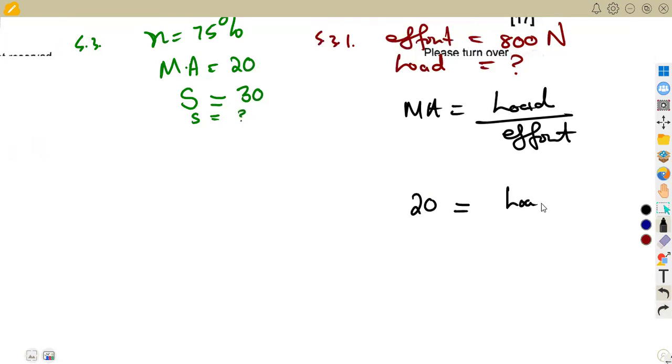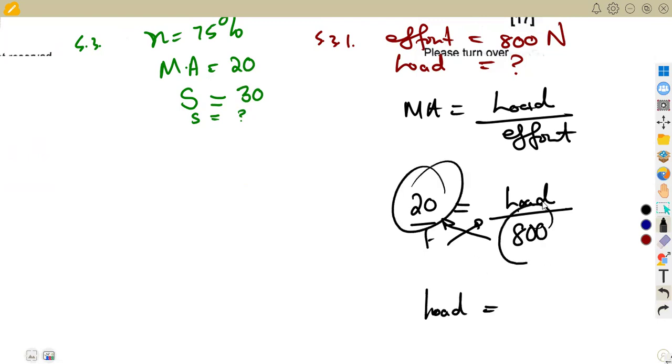So we're going to have the load over the effort. And our effort is given as what? As 800 Newton. So this is just going to cross multiply 1 times the load. So the load is equal to 20 times 800.